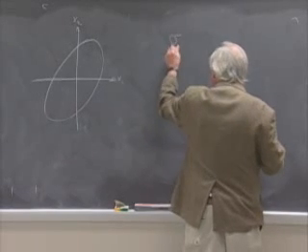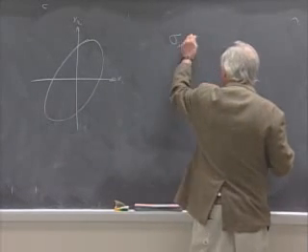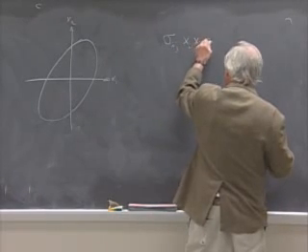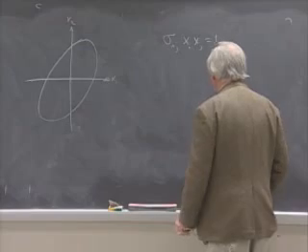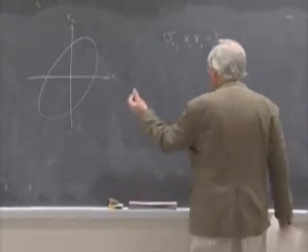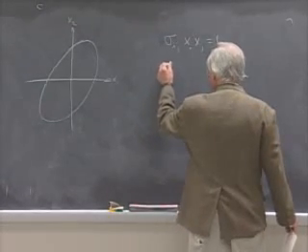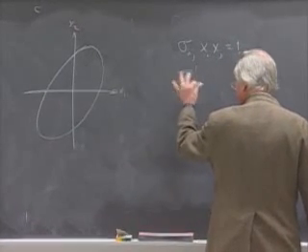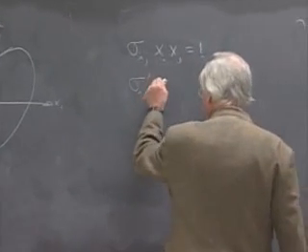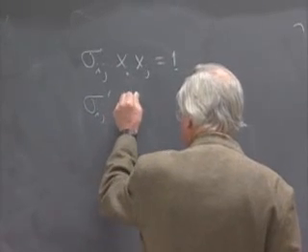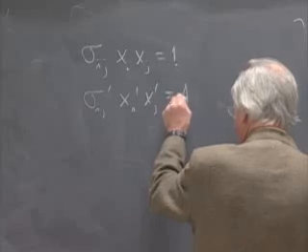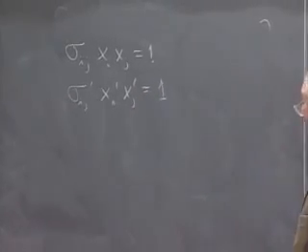Suppose our original relation, sticking to conductivity, is that sigma ij xi xj equals 1. And then for some reason or another we change axes. So the new equation will have some different coefficients, because as we change axes they're going to wink on and off. Still the same surface, but now referred to different axes, xi prime and xj prime, still equal to 1.